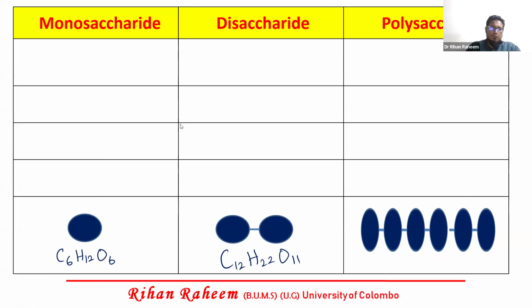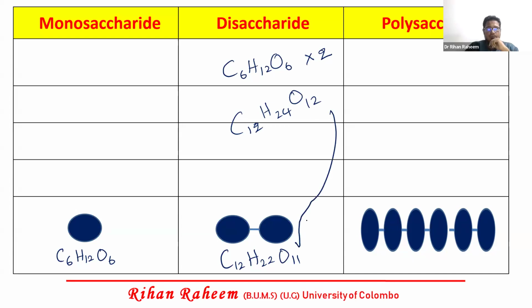But you all will argue, sir, disaccharide is made out of how many molecules? 2 monosaccharide molecules, no? So if one monosaccharide molecule is C6H12O6, when you multiply that by 2, we have to get C12H24O12, right? How did we get this formula?